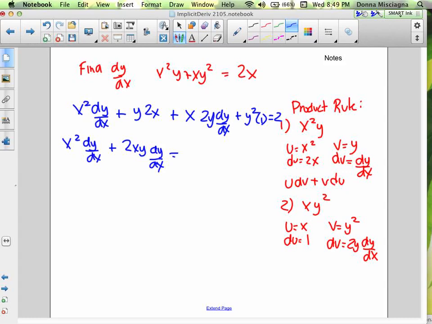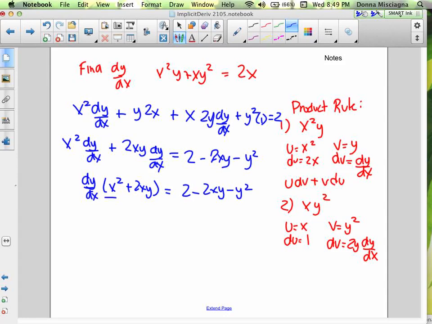Equals, everything else is going to move now, 2 minus 2xy, minus y squared. Factor out the dy dx. So that's dy dx times x squared plus 2xy equals 2 minus 2xy minus y squared, and then divide everything by x squared plus 2xy.